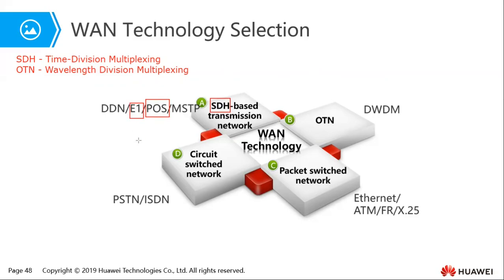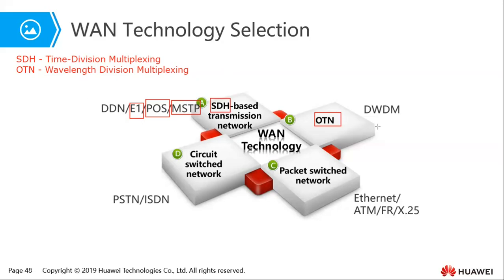So packet over SONET, which can offer speeds of up to about 622 megabits per second. You can also use another special interface, which is called multi-service transfer platform. Now, because of the low speeds, SDH is rarely used nowadays.